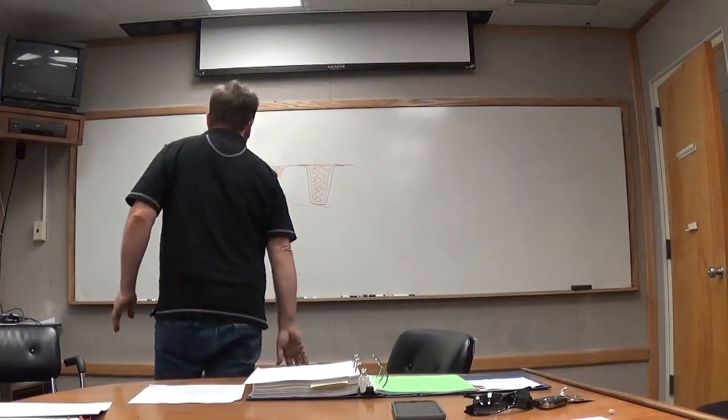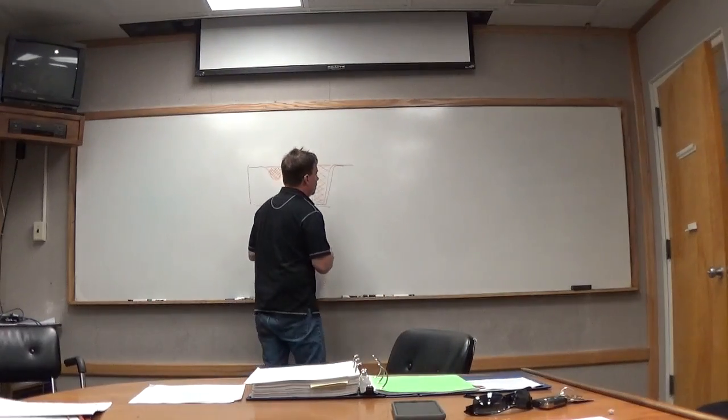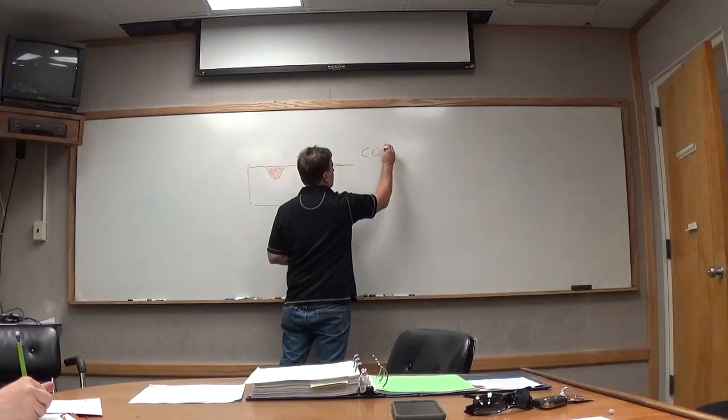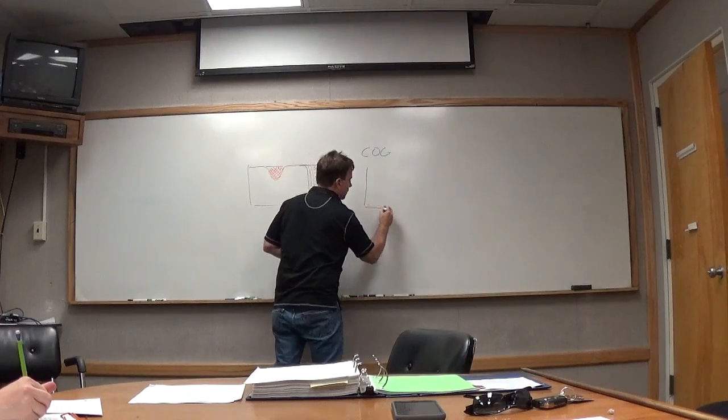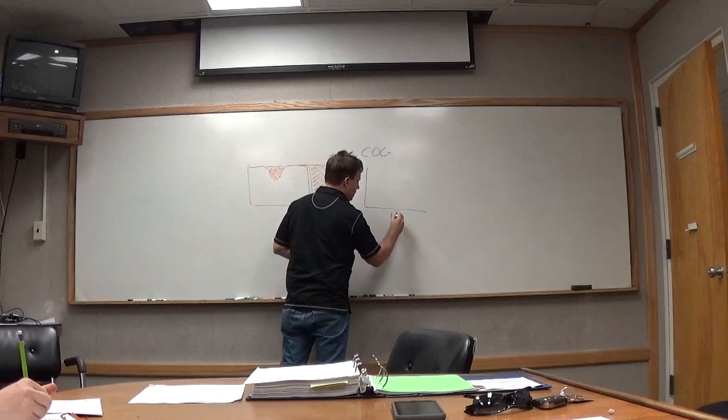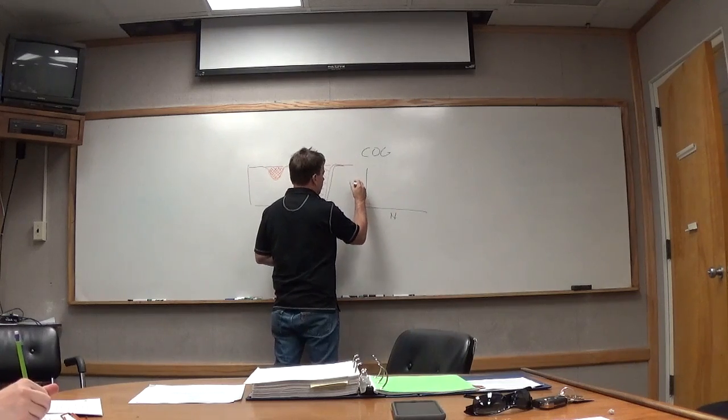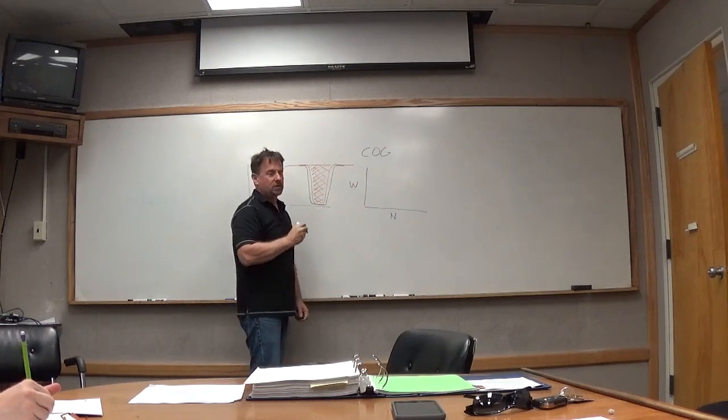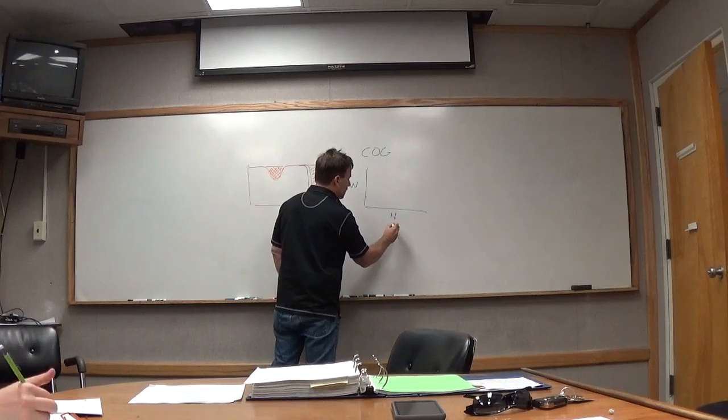Okay. This behavior with the gas property is what we call the curve of growth, sometimes known as the COG, and it's a relationship between the column density and the equivalent width. Capital N is column density.